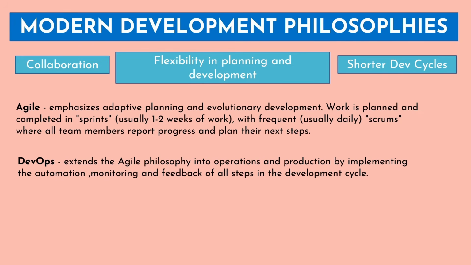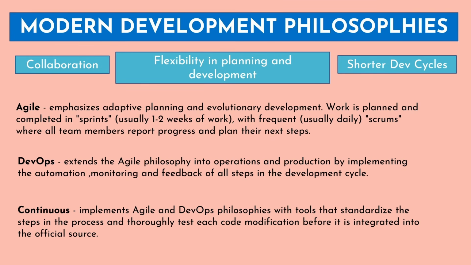DevOps extends the agile philosophy into operations and production by implementing automation, monitoring, and feedback of all the steps in the development cycle. Sometimes DevOps is considered as a usage of tools to automate different tasks in the CI/CD process. However, DevOps is merely a cultural change which brings all the teams together under one single umbrella and removes all the bottlenecks that were there as part of the previous deployment methodologies.